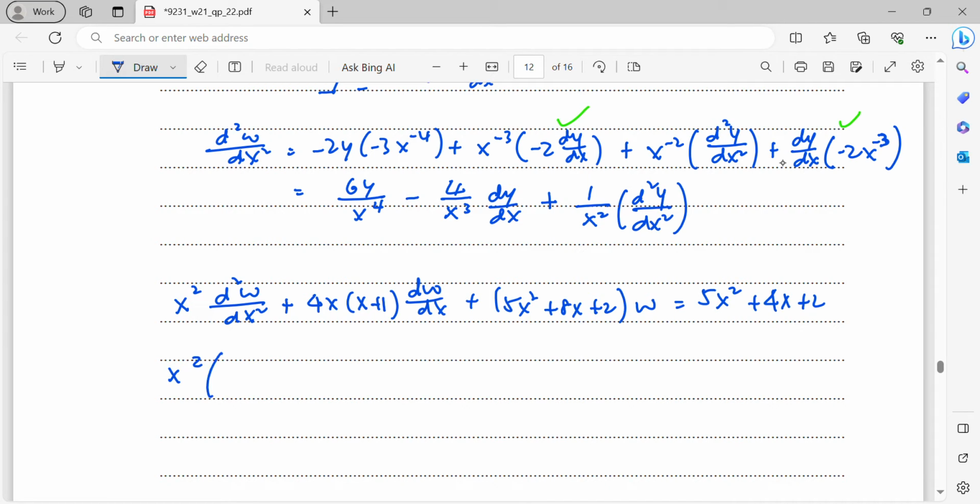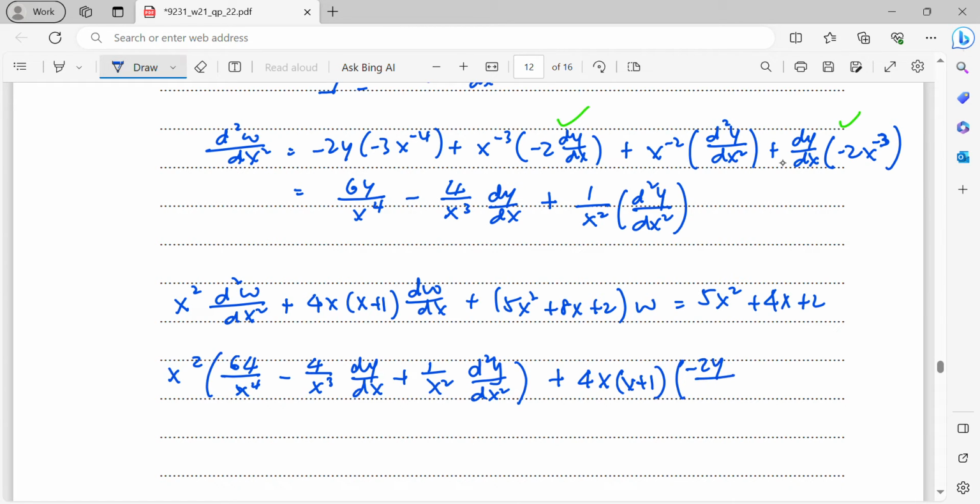So I'll get x squared, 6y over x to the power 4, minus 4 over x cubed dy dx, plus 1 over x squared d squared y over dx squared. Okay, plus 4x bracket x plus 1, minus 2y over x cubed plus 1 over x squared dy dx. Okay, then copy the rest and change the w to y over x squared.